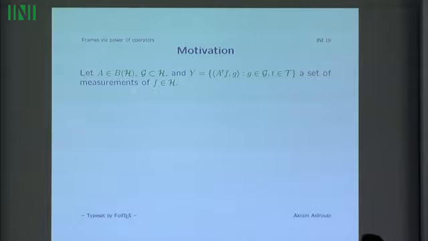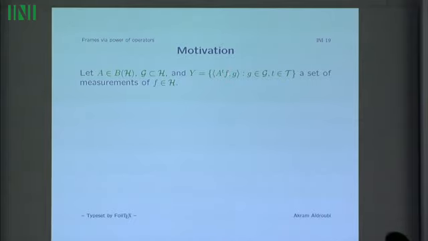Mathematically, you just have a bounded operator A in some Hilbert space H, and a countable subset of the Hilbert space H. Those are the functionals that you're going to apply to A to the power t f, and those are your measurements.